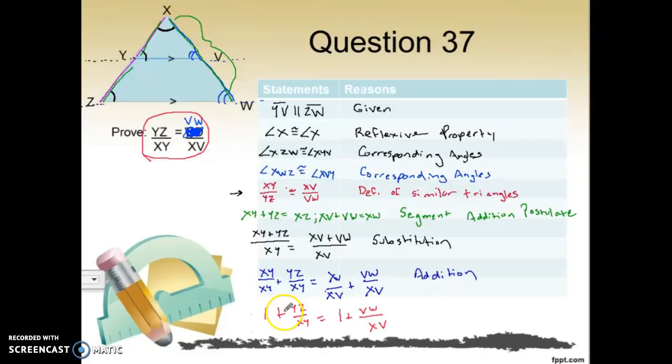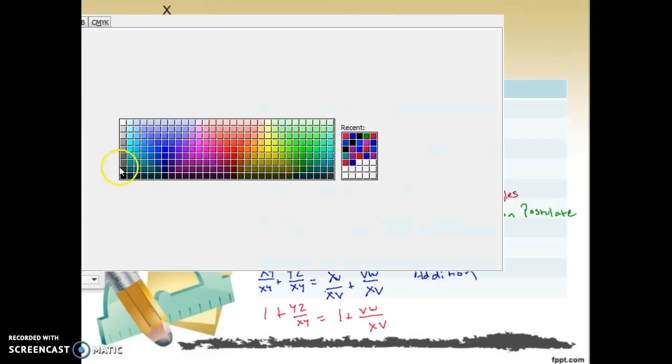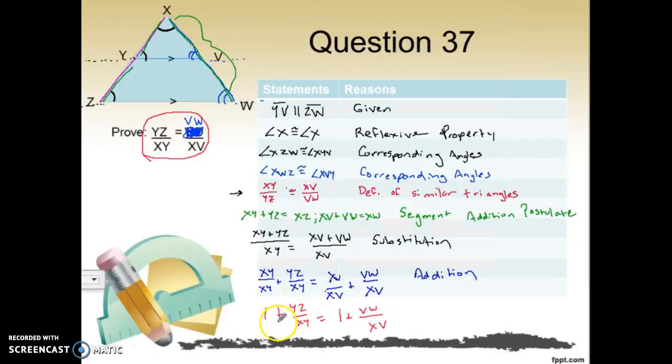So what do I have to do from this step to get to that step? It's just like when I have a variable that I want to isolate by himself. So here I want to get YZ over XY by itself. So I'm going to subtract 1 from both sides. And when I do that, I am left with what we were trying to prove: YZ over XY equals VW over XV.